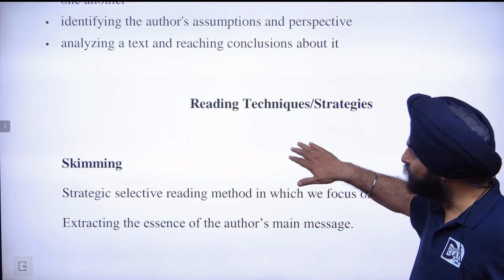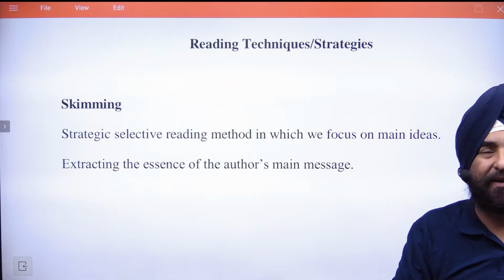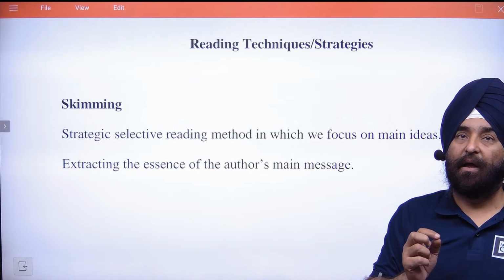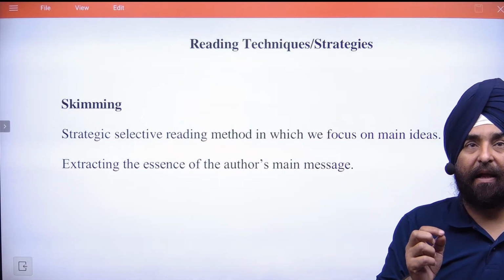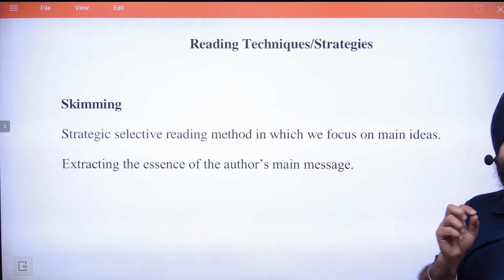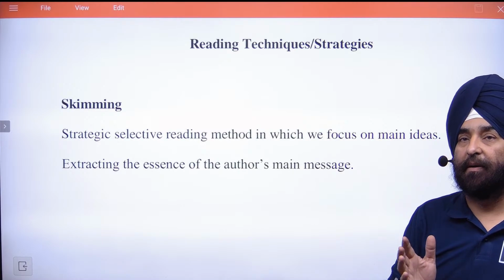Now, when we talk of reading comprehension, certain techniques or strategies, you can say, have been suggested. Now, one of them, I'll start with skimming as the technique of reading. Now, what is skimming? It is a very selective kind of reading method.